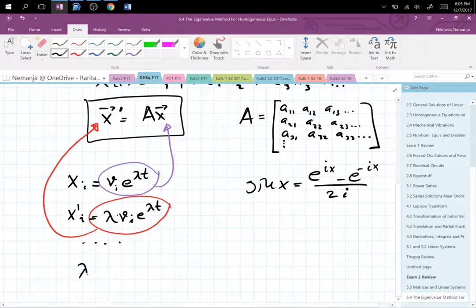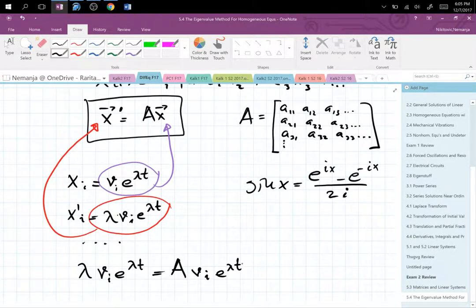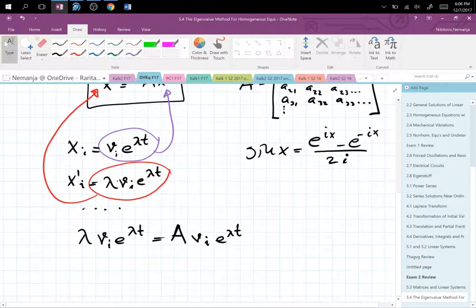So what I have on the left-hand side is lambda times the column vector v times e to the lambda t, equal to the matrix A times vi times e to the lambda t, right? Now, we know that the exponential function never hits 0, right? It's above the x-axis. And because it doesn't hit 0, we can divide both sides by it, and you will get that lambda vi is equal to A vi.